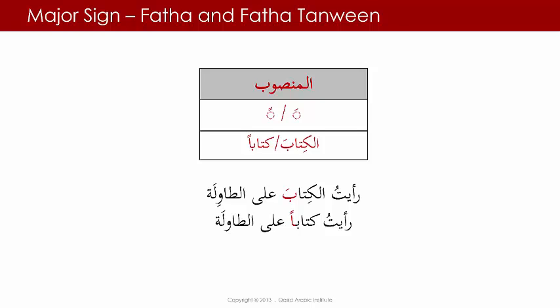Here, the word al-kitaba and kitaban both function as the object of the verb. So the fatha tells us and gives us information about the fact that both al-kitaba and kitaban in both of these sentences are in the mansub case and are thus the object of the verb.